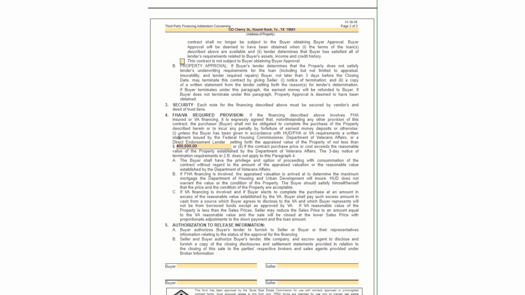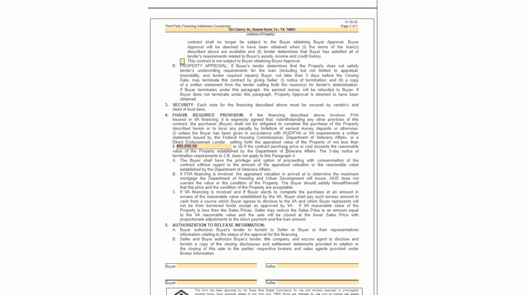Let's read this together. If the financing described above involves FHA insured or VA financing, it is expressly agreed that, notwithstanding any other provision of this contract, the buyer shall not be obligated to complete the purchase. So they're not going to require the buyer to purchase this if it does not appraise for the sales price.